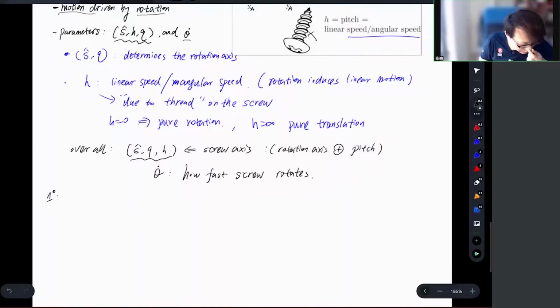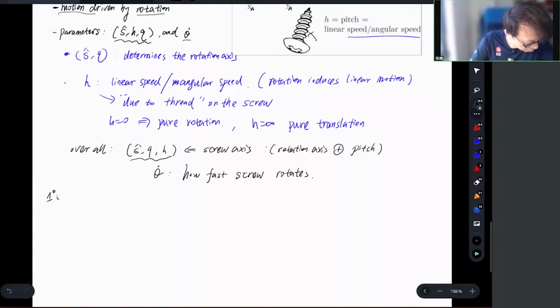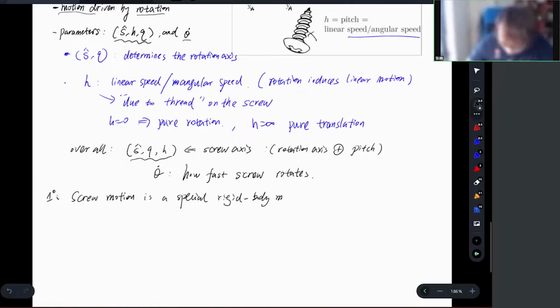Now let's dive into a little bit more detail. The first fact I want everyone to keep in mind is that a screw motion is a special rigid body motion. I think that should be easy to accept for most of you.